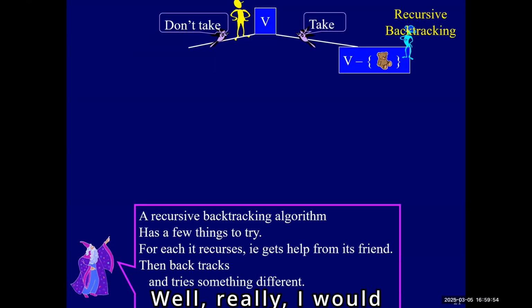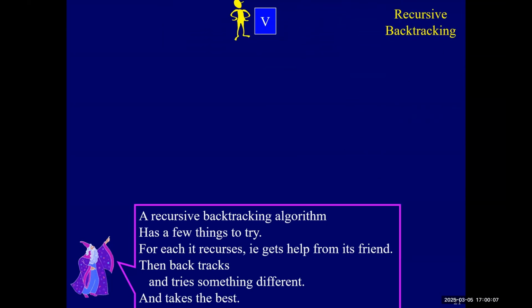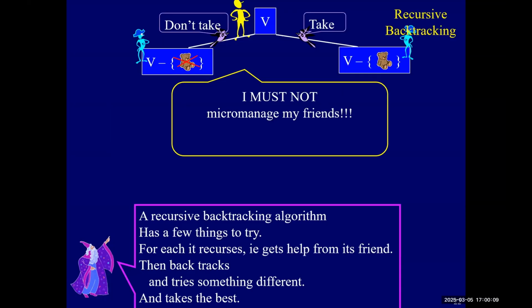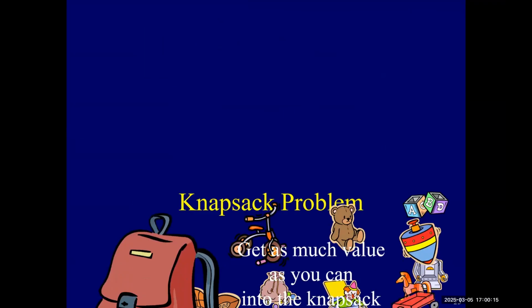Well, really, I would say delete that data structure and start over, because you don't want your left and your right recursion to muddle each other. Don't micromanage your friends or else you get confused, right?